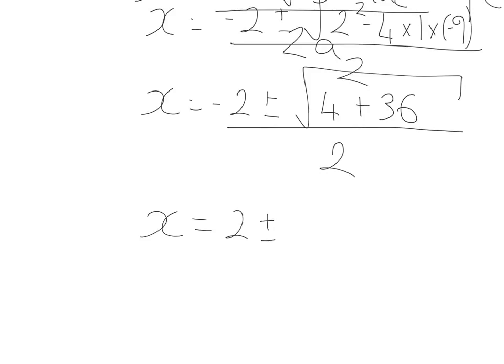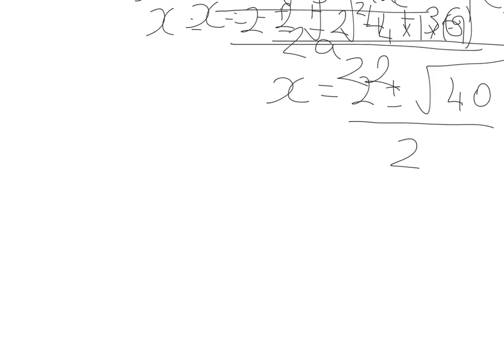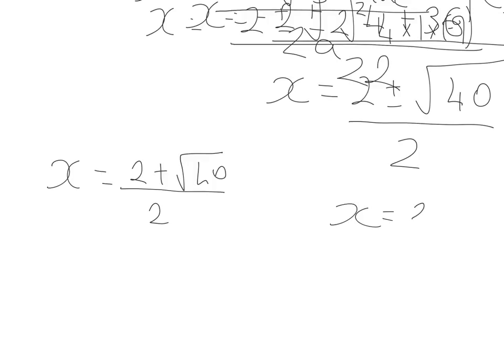So minus 2 plus or minus the square root of 40 over 2. I'm now ready to make my split. And in this side I'll have x equals minus 2 plus root 40 over 2. And this side x equals minus 2 minus root 40 over 2.